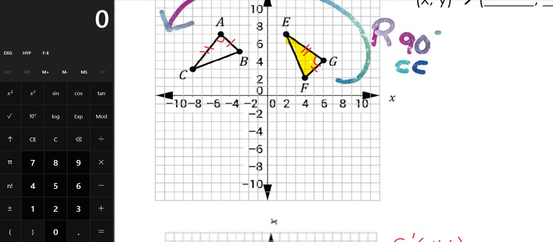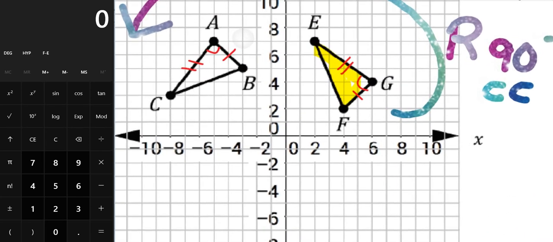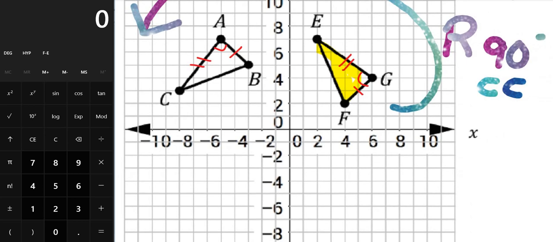So what I'm going to do is I'm going to plot all of these points onto my graph. And I'm going to see how do I need to move to get it to fall directly on top of ABC. So negative 4, 1, 2, 3, 4, up to 6. That's right here. So this is going to be my G prime. Then I'm going to go to F. So F is located at negative 2, 4. Negative 2 up to 4.